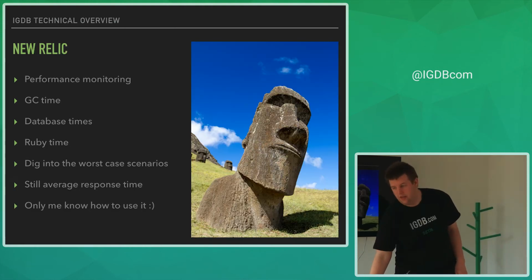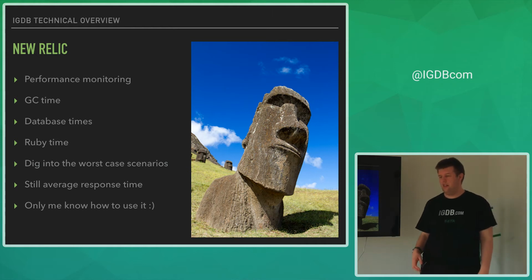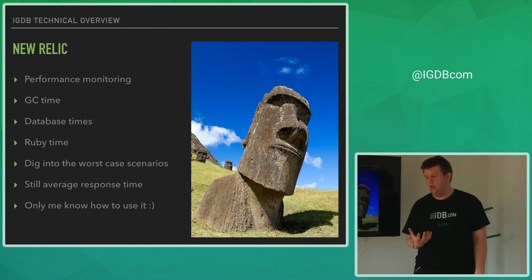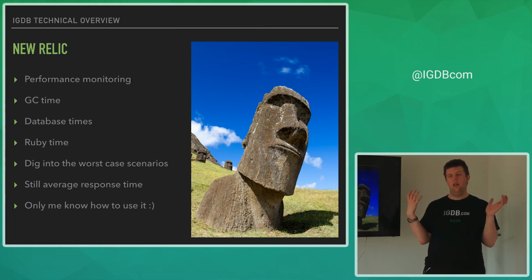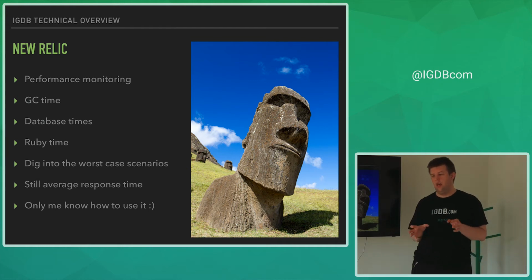And this is New Relic. It's a performance monitoring tool, and it monitors the garbage collection time, the databases, and Ruby time. And you can also dig into the worst case scenarios that could happen, which is very good to see exactly what's happening there.